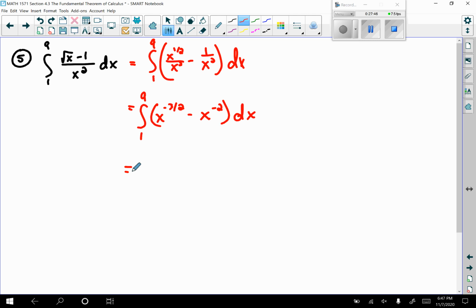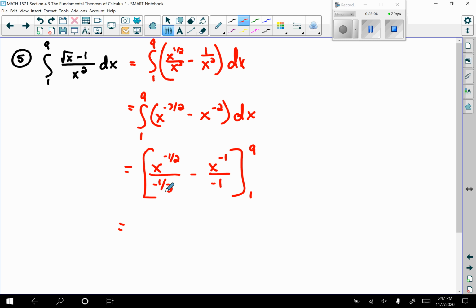Now we can apply the power rule. So here we're going to get x to the negative 3/2 plus 2/2 will give us a negative 1/2 over negative 1/2. Minus x to the, if we add 1 here, negative 1 over negative 1. And this will go from 1 to 9.